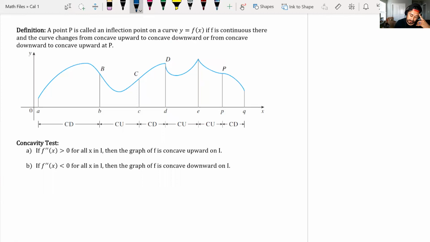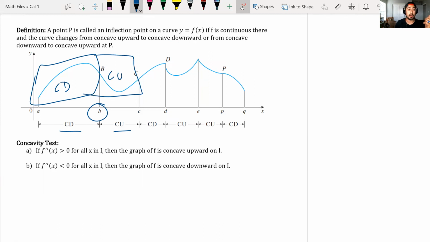So with these examples, B would be an inflection point because it goes concave down to concave up. So all of this part is concave down, and then all of this part is concave up.